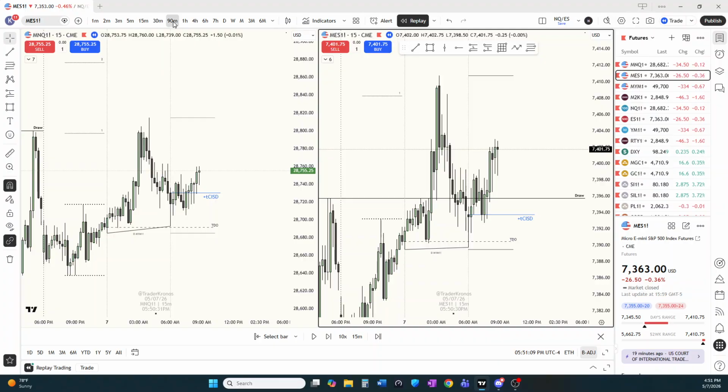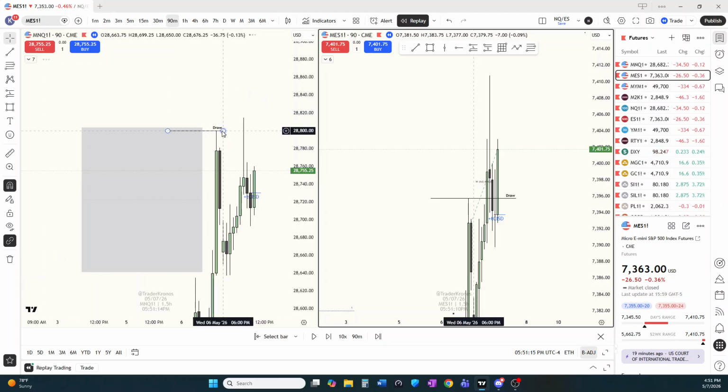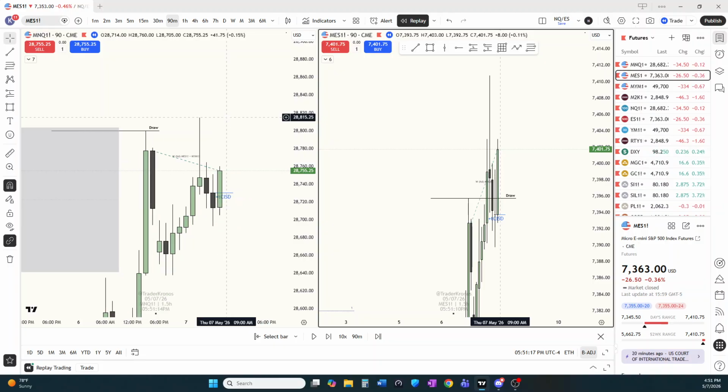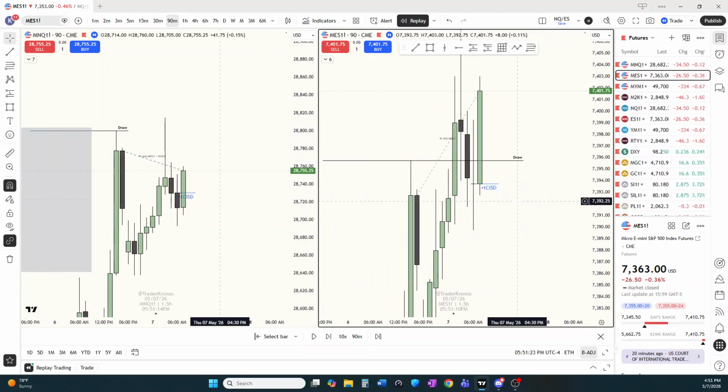So now I'm going to look at my 90-minute cycle. Sorry, my computer's running somewhat slow right now. Okay. So based on that, what I'm looking for now is some sort of other cracking correlation to show that this is likely to expand at the open.